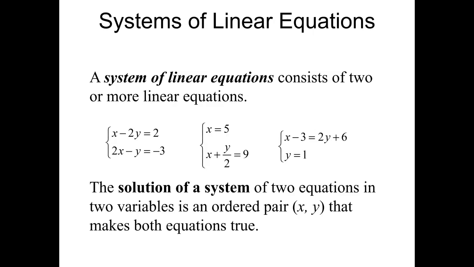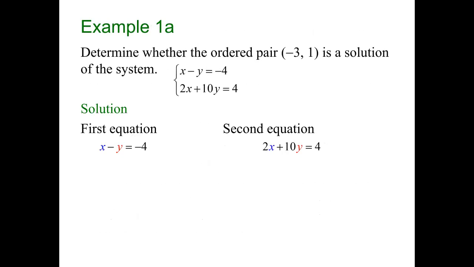And there's a bunch of different things that we do with systems of equations. So first thing we're going to do is we're going to determine, is a given point a solution to that system? Is a point on both of those lines?